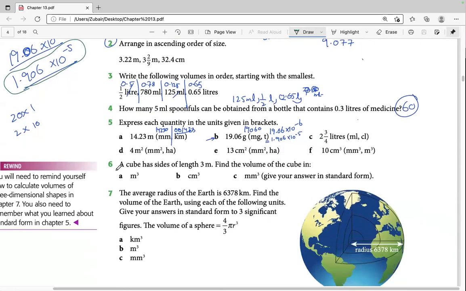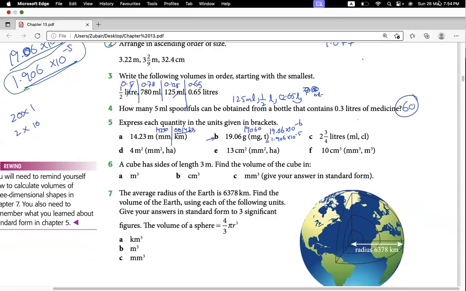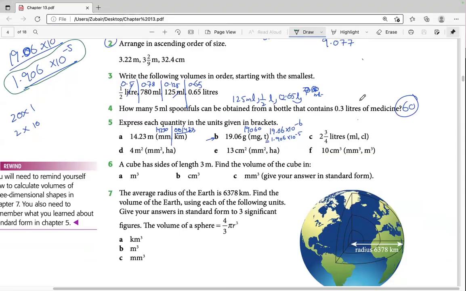Look at question 6. A cube has sides of length 3 meters. Find the volume of the cube in meters cubed. So first of all, 27 meters cubed is the volume of the cube. So A is 27. Yes.